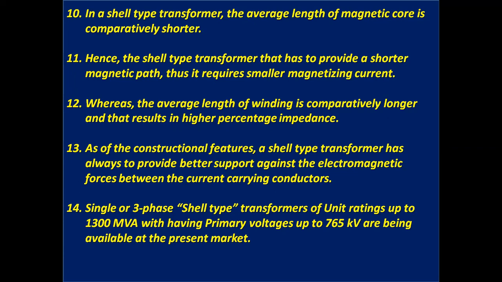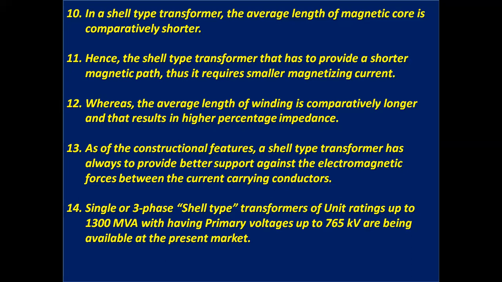Hence, the shell type transformer provides a shorter magnetic path. Thus, it requires a smaller magnetizing current. Whereas the average length of winding is comparatively longer, and that results in higher percentage impedance.